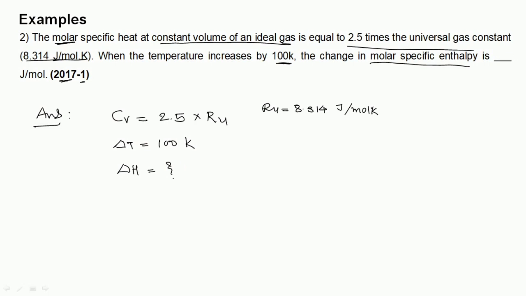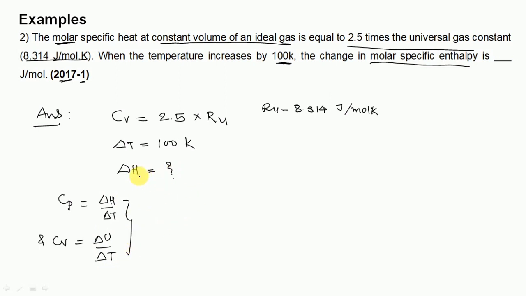So in the previous slide we already discussed the specific heat at constant pressure and specific heat at constant volume. At that time we discussed that Cp is delta H upon delta T, and Cv is equal to delta U upon delta T. Same things we need to use over here.